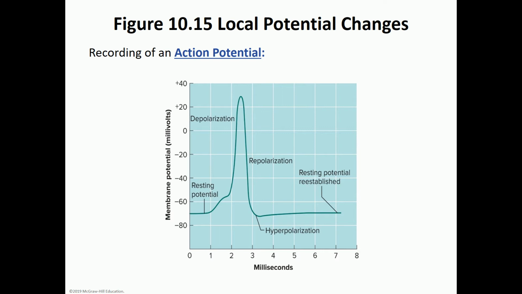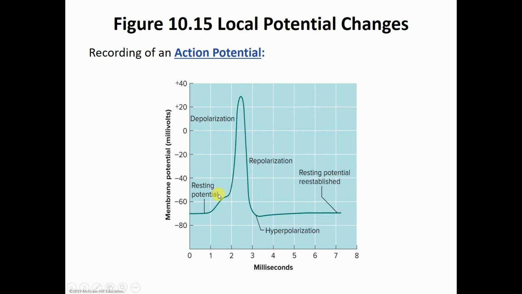But in both cases, you've opened up sodium channels. Now remember that sodium is higher on the outside. So when you open up sodium channels, sodium ions are going to go into the cell. That will change the potential from negative 70 going towards the zero. Okay, so you can go all the way to negative 55.